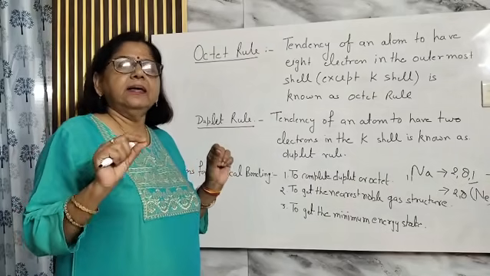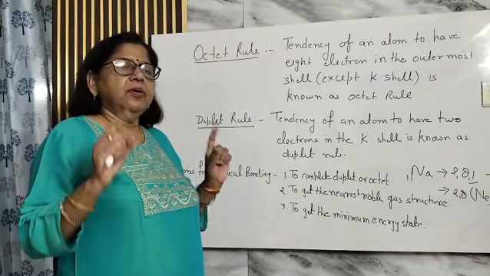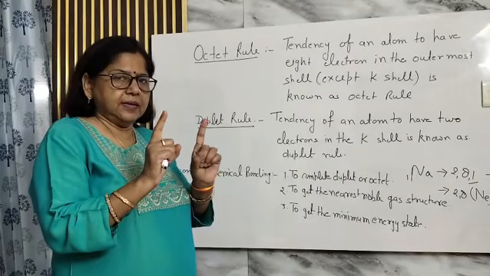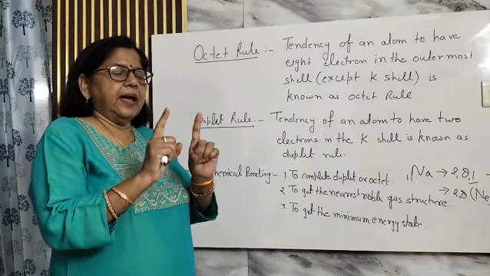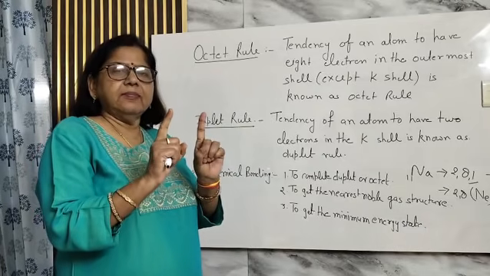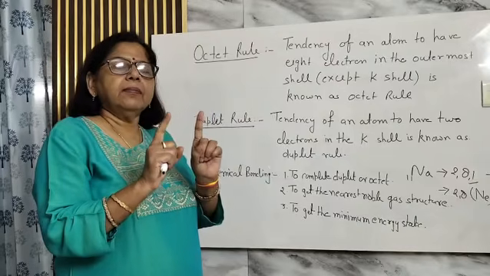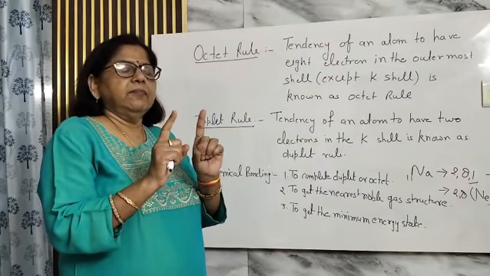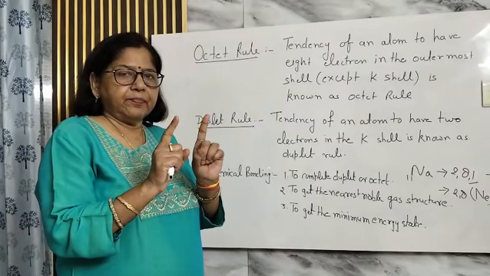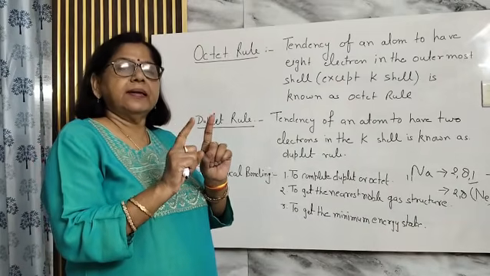They are highly energetic, unstable. So what happens when they come close to each other? They settle themselves in such a way that there is a minimum energy between these two atoms. That is the state when the chemical bond takes place.